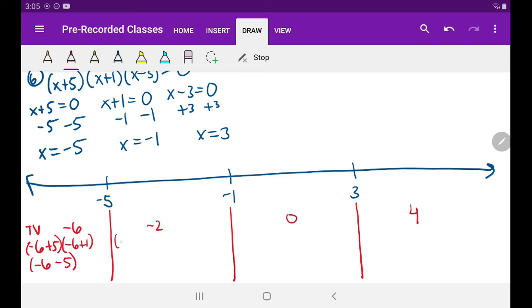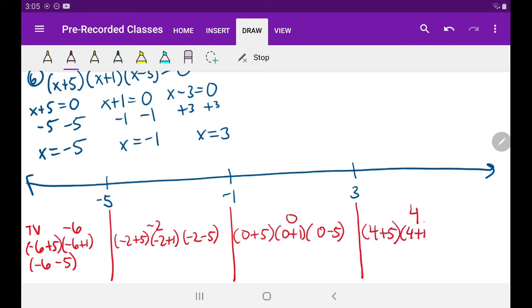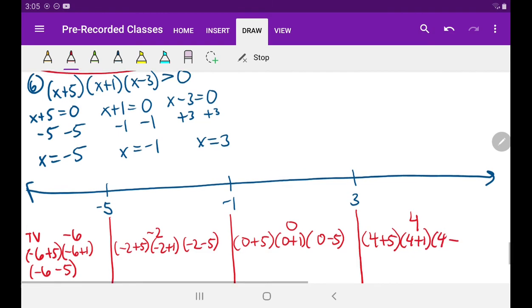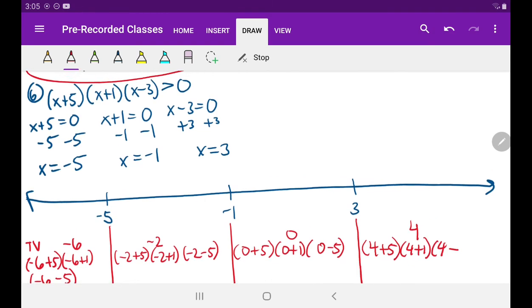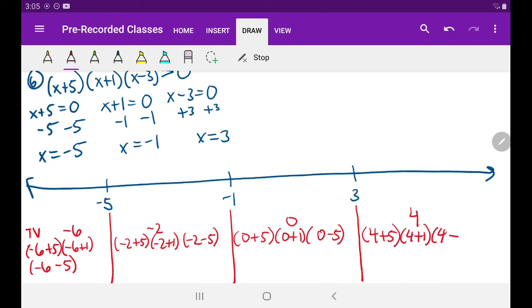And then I plug in negative 2 plus 5, negative 2 plus 1, and then negative 2 minus 5. And then I'll plug in 0 plus 5, 0 plus 1, and then 0 minus 5. And then I'll plug in 4, and I'll have 4 plus 5 times 4 plus 1 times 4 minus, that last one should be 3.